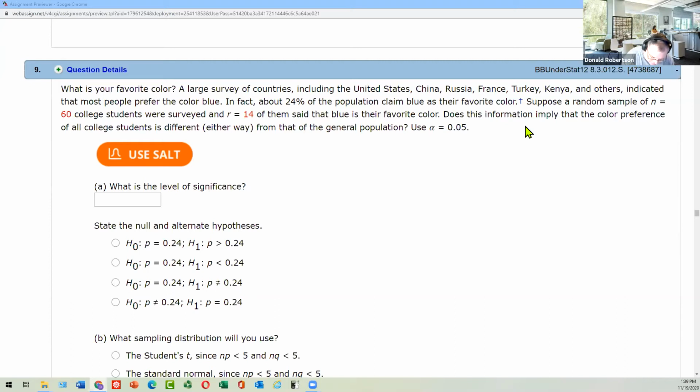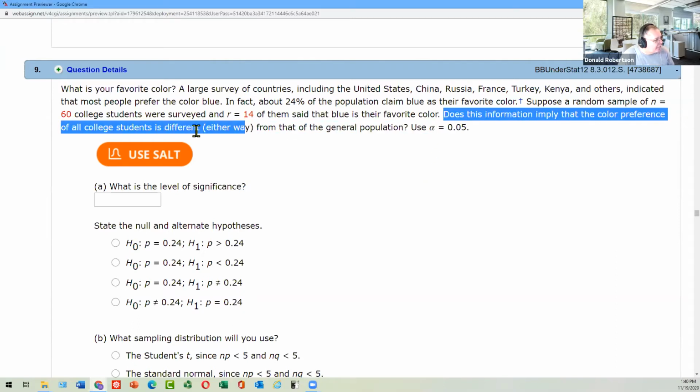So basically 14 out of 60. Let's pretend that was Olympic College, right? 14 people out of the 60 I asked, blue was their colour. Let's do the thing. Does this imply that the colour preference of college students is different than the general population?